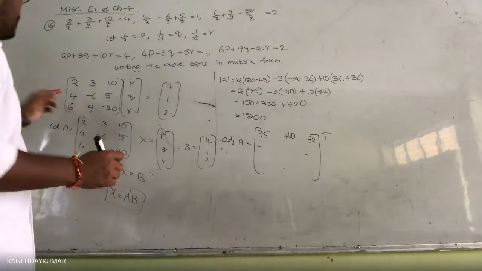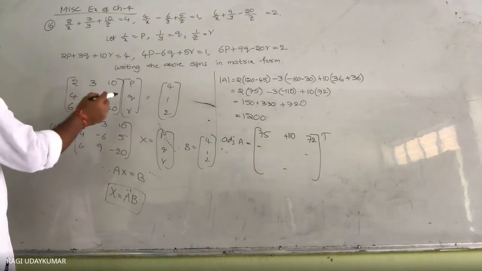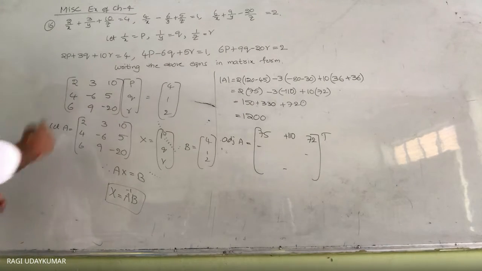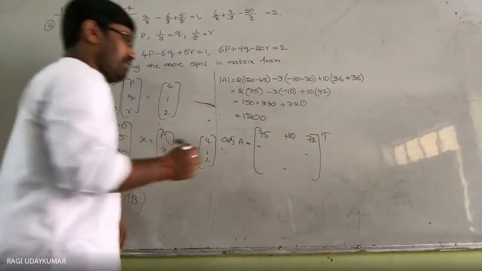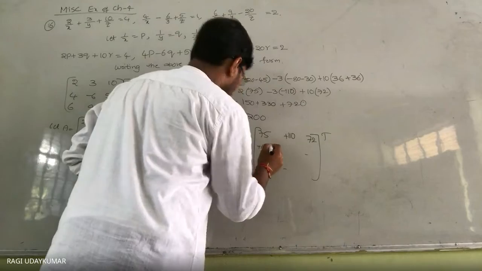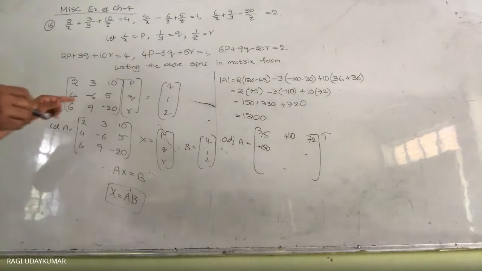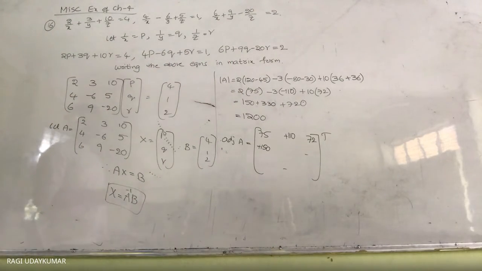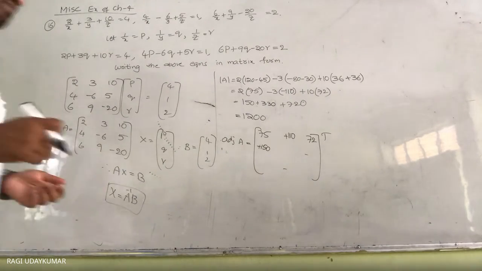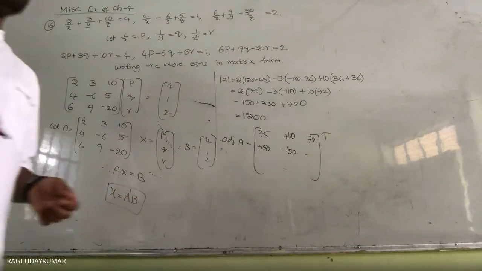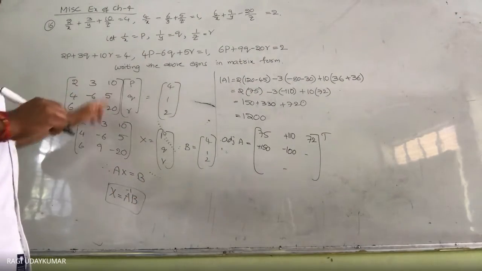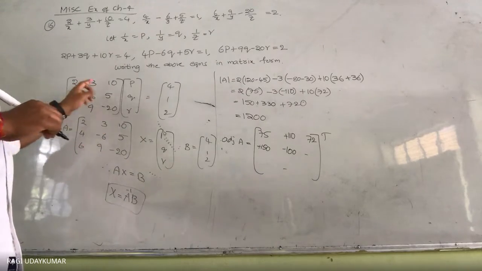इसका कोफैक्टर थोड़ा ध्यान से करना है. Minus 60 minus 90 minus 150. So plus 150 we are going to get it. This row two, minus 40 minus 60 minus 100. So you get minus 100. Next this row and this column. 18 minus 18.